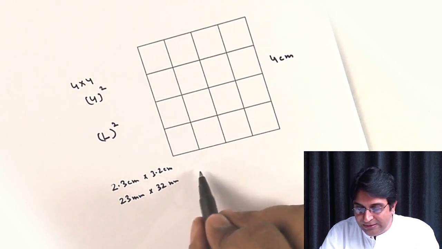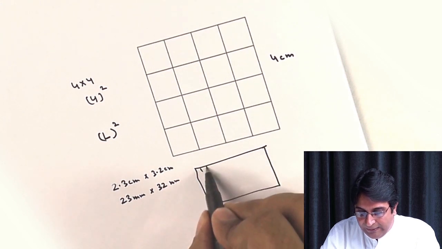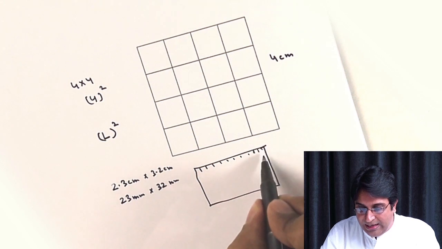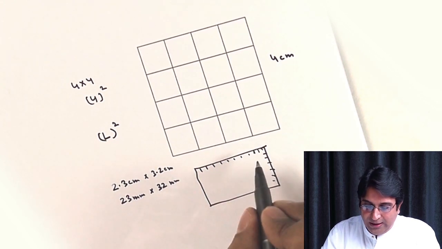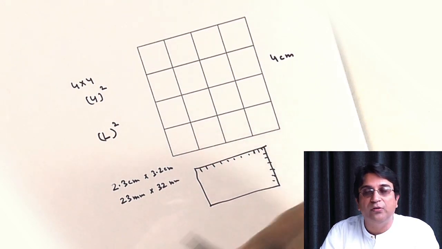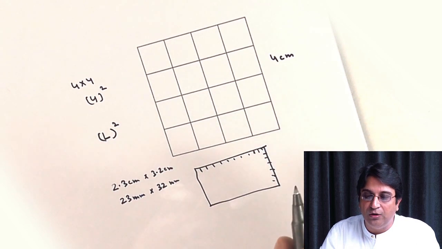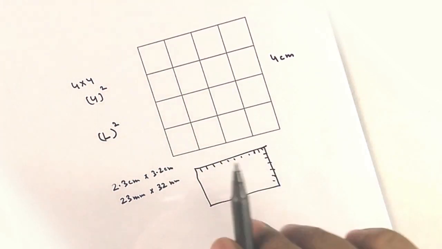Therefore, it could be considered as a grid which has 23 millimeters on one side, and 32 on the longer side. Right? You don't have to draw it every time. I'm just telling you how to visualize, even if it comes as a decimal. So that is the origin of why the area of a rectangle is length into breadth, and why the area of a square is length square.